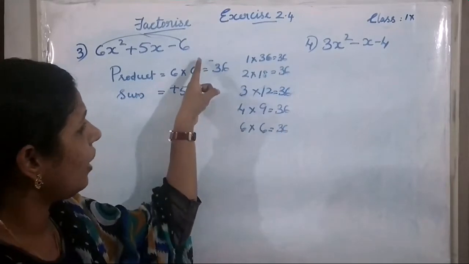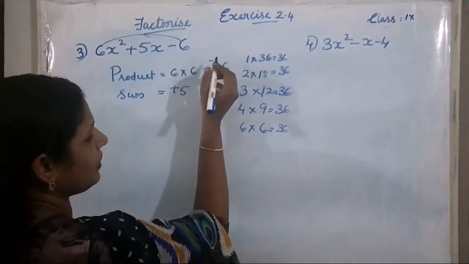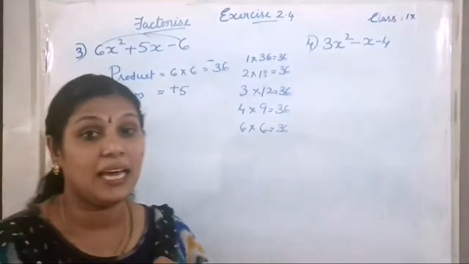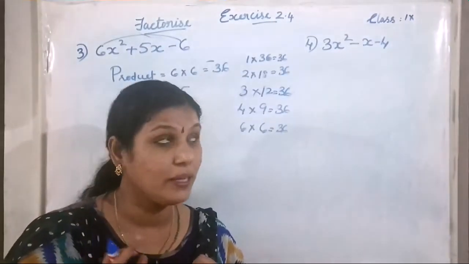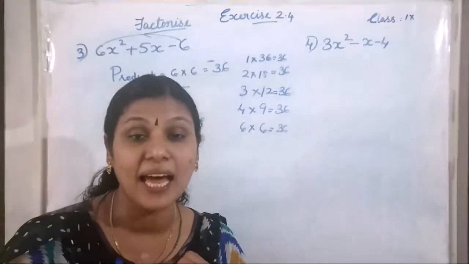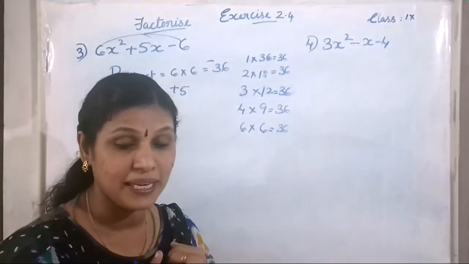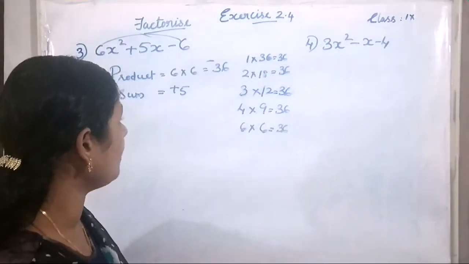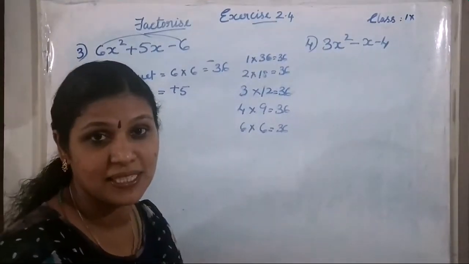Now we check the sign. Here the product sign is negative, so one number is plus and the other number is minus. Which number is plus and which is minus?